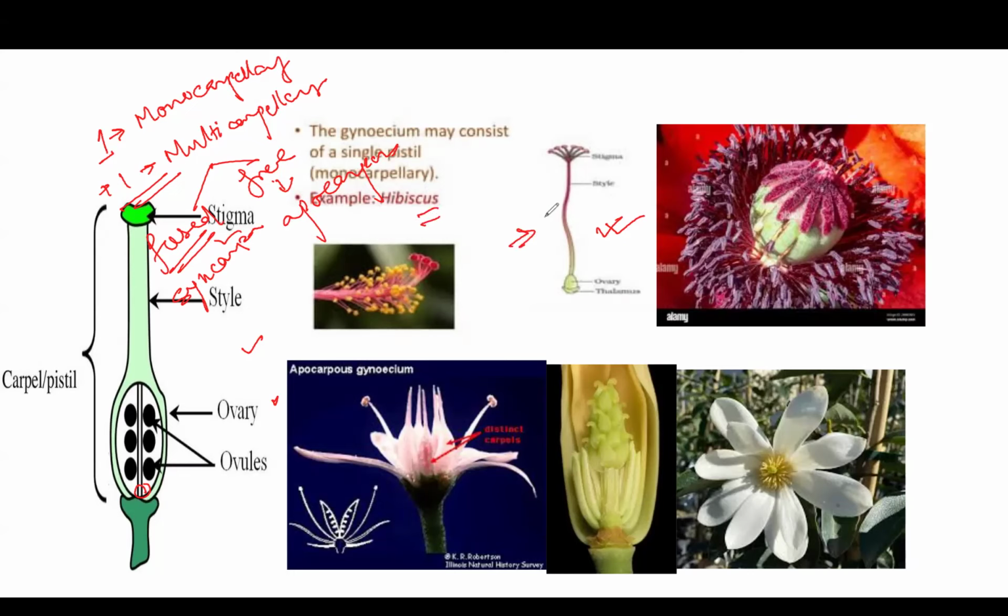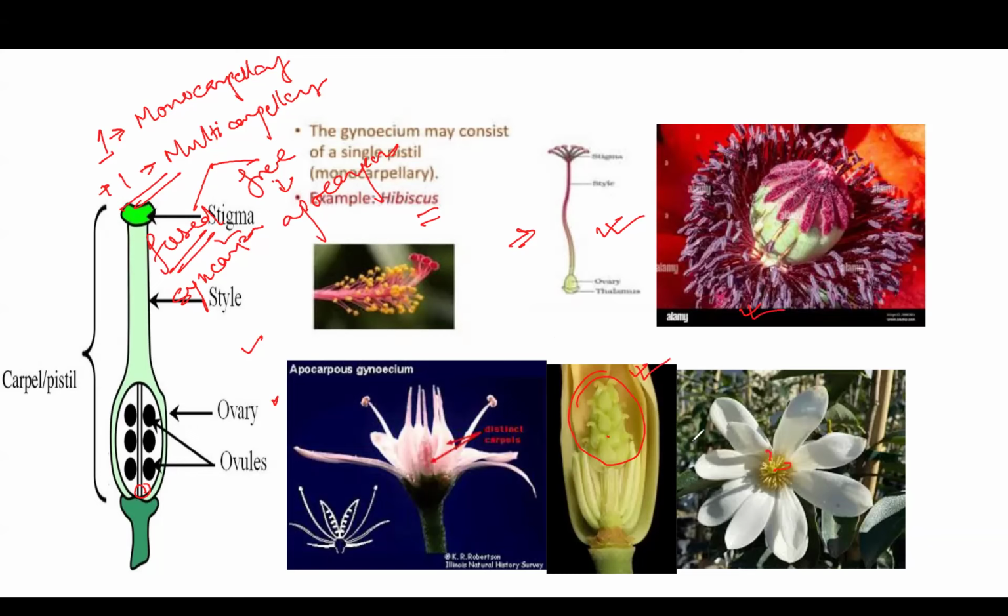As you will see in a hibiscus flower, the whole flower has only one ovary. Whereas in plants like champak, or the magnolia flowers, we usually have it multicarpellary. Whether I have this or this, both are multicarpellary, but here you see they are free.